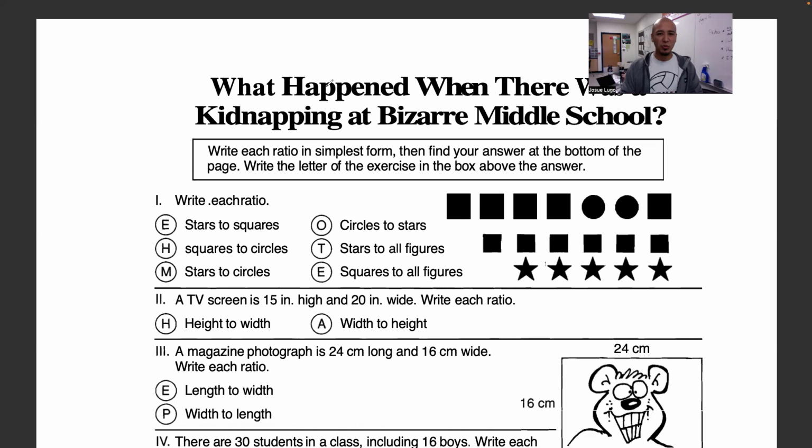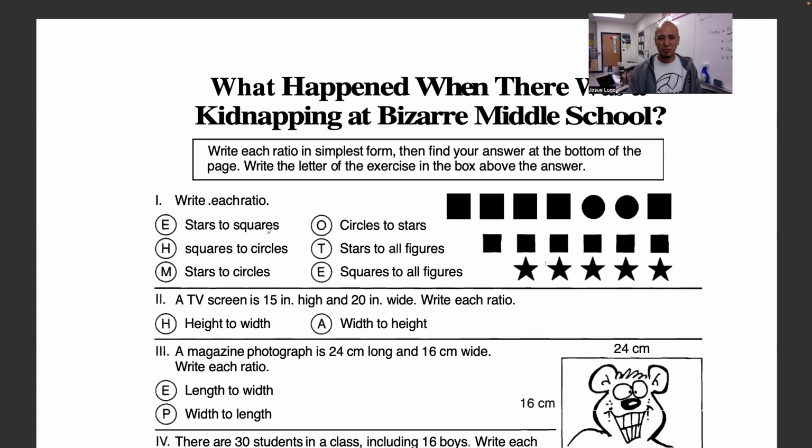And the best way to explain a ratio is to simply write it down, and usually we write ratios as a fraction. For example, let's suppose that we were looking at this assignment and we wanted to know the ratio between stars to squares. You're going to notice that oftentimes when we're comparing two different things, we're going to use the word "to." So we're comparing stars to squares. So let us look over here.